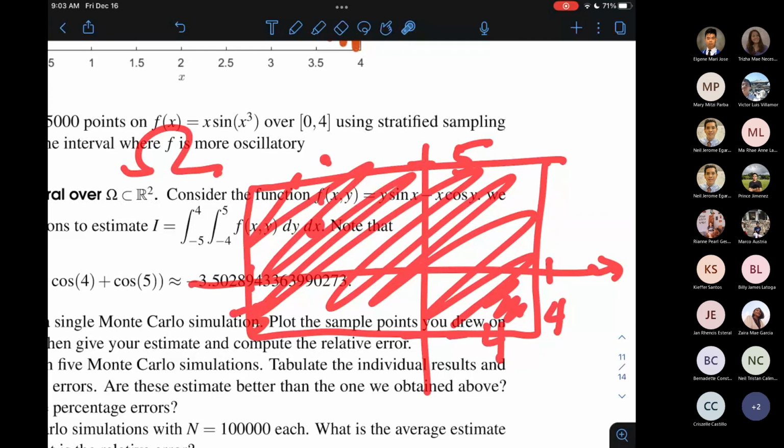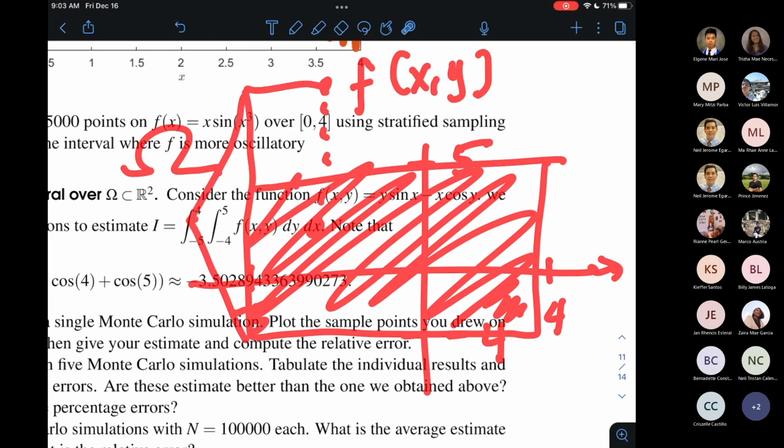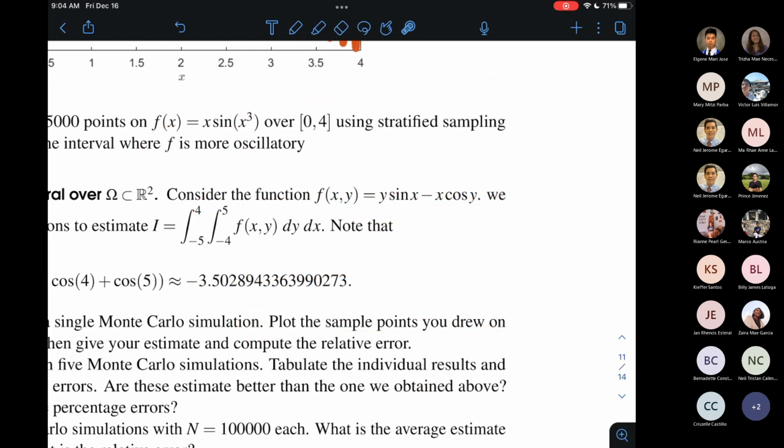Kukunin ko yung function value ng random point na yon. Right? Meron siyang x at saka y component. Then siya yung magsaserve as height dun sa rectangular prism na kukunan ko ng volume, tapos gagawin ko yan sa lahat ng random points, i-average ko yung mga volume ng mga rectangular prisms na yon, and that's what I'll report as my estimate for the integral. All right?